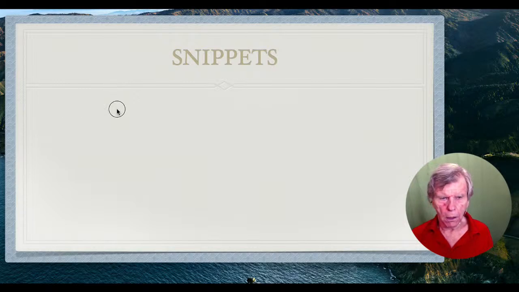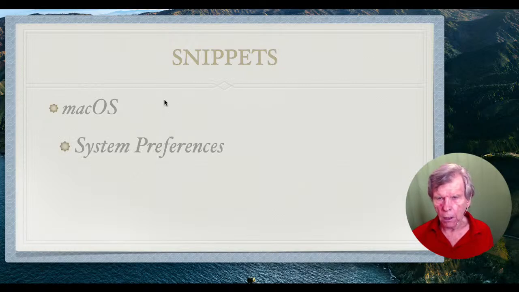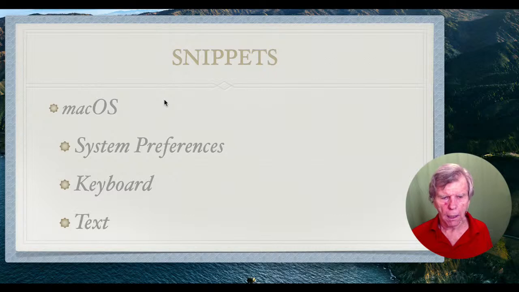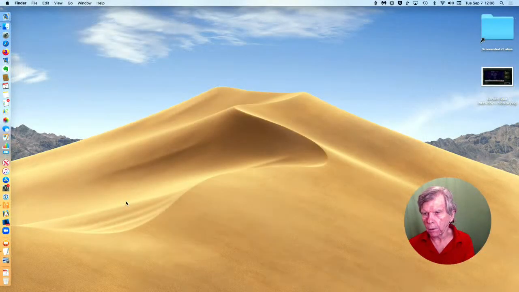So here we are going to go through the steps on the Mac, macOS, as Apple likes to call it. So on the Mac, you're going to go to System Preferences, Keyboard, and Text. So one less step. So let's see how that works. So we're going to switch over here to our Mojave Mac and show you how that works.